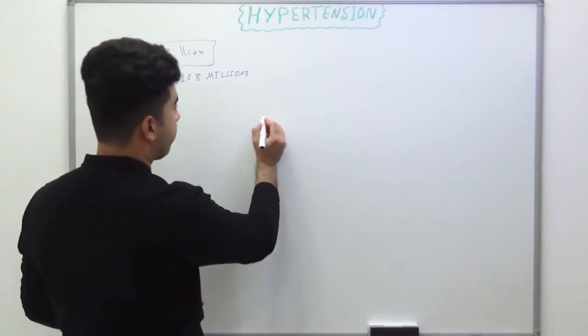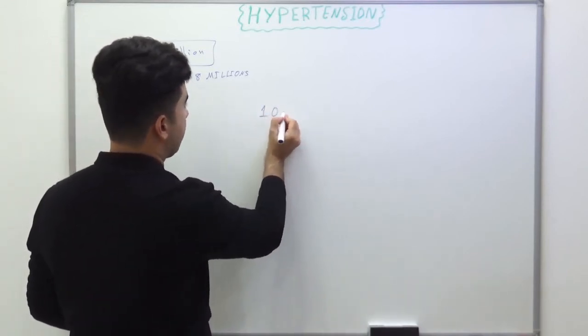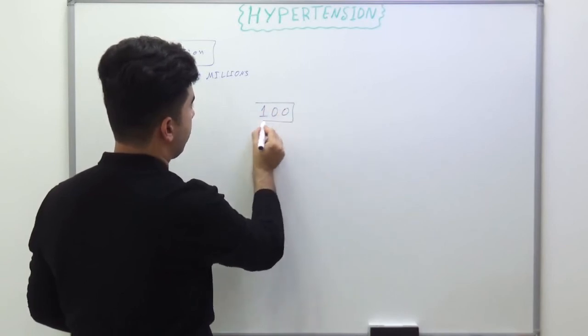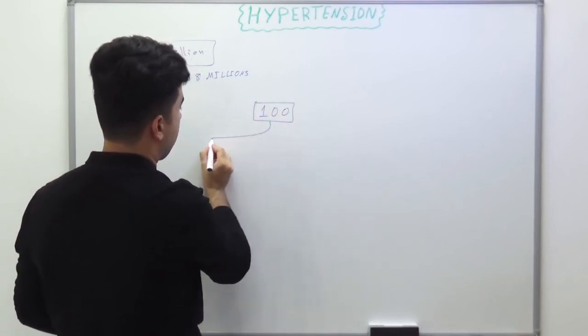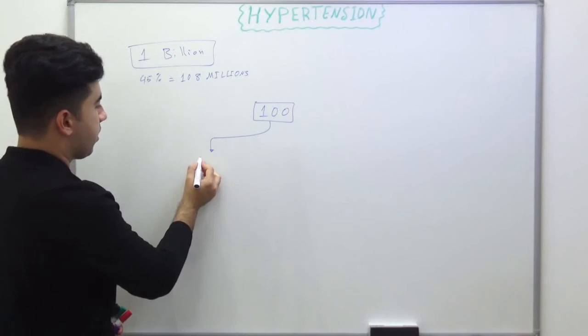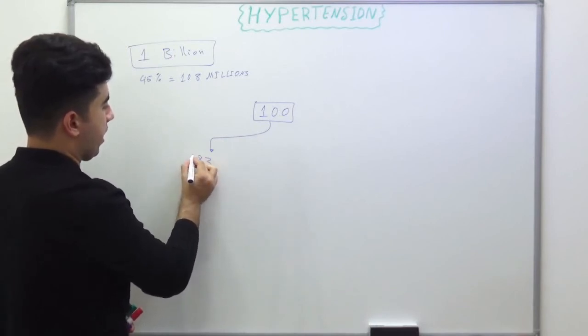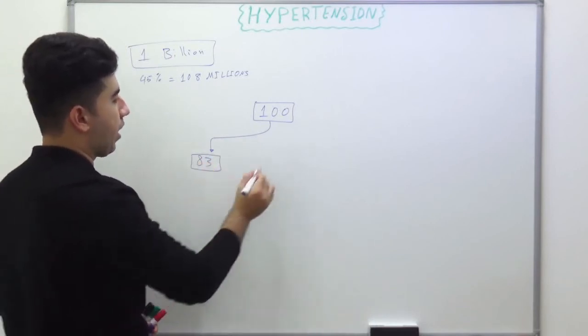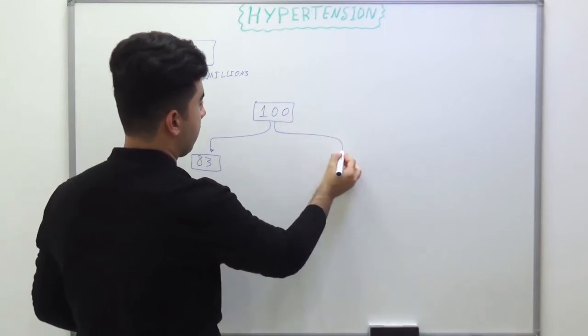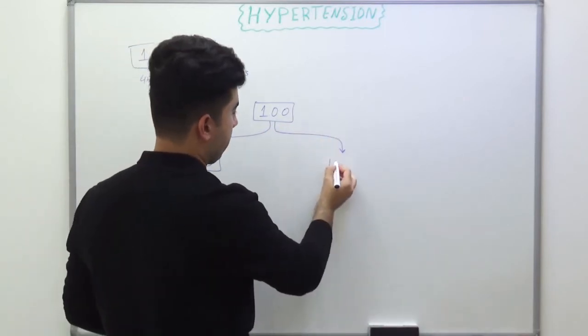Let's say we have 100 patients. In these 100 patients, 83 of them are diagnosed, while 17 are unaware of it.